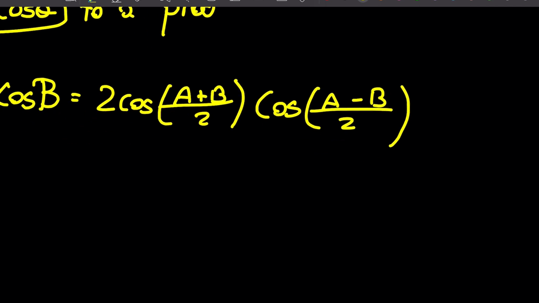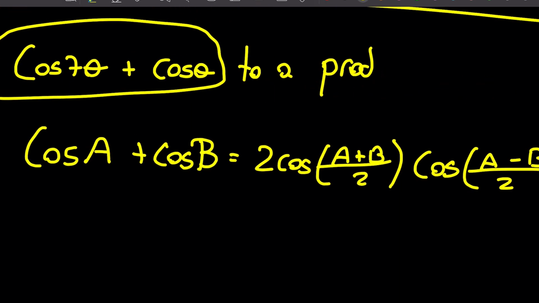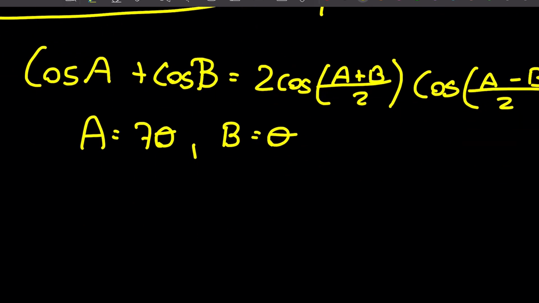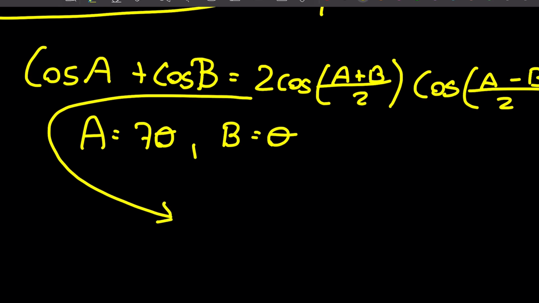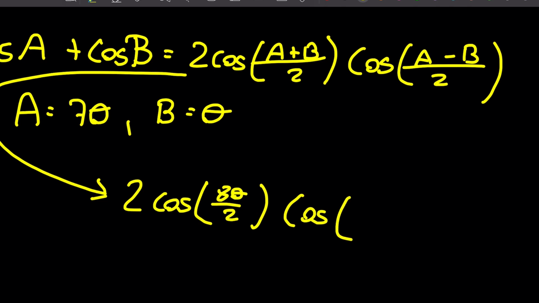And well, what can we do? Well, in this case, they gave us A is equal to 7 theta and B is equal to theta. So substituting that into this right here, we get 2 cos of A plus B, which is 7 theta plus theta is just 8 theta over 2 times cos of 7 theta minus theta, which is 6 theta over 2.